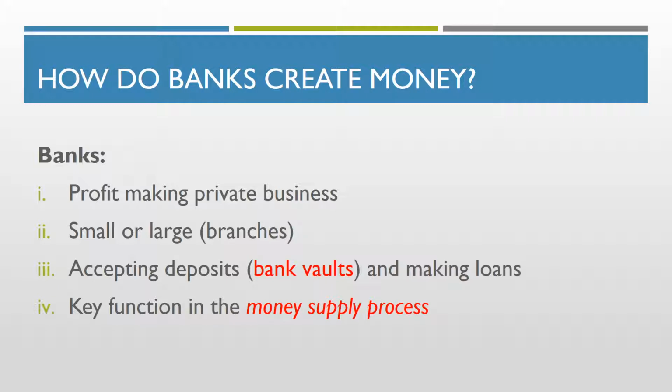When they receive that deposit, they try to find someone who wants to borrow money and make loans to those people, charging them a higher interest rate so that the bank can earn a profit. Banks serve a key function in the money supply process, and we are going to see how they create money in the economy.